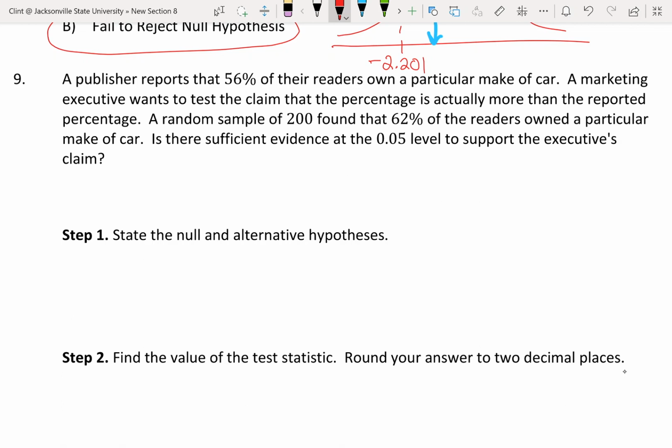It says a publisher reports that 56% of their readers own a particular make of car. We're dealing with a percentage here, so we're dealing with proportions. A marketing executive wants to test the claim that the percentage is actually more than the reported percentage. Is there sufficient evidence at the 0.05 level to support the executive's claim?